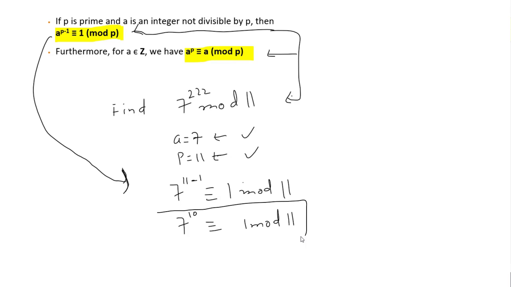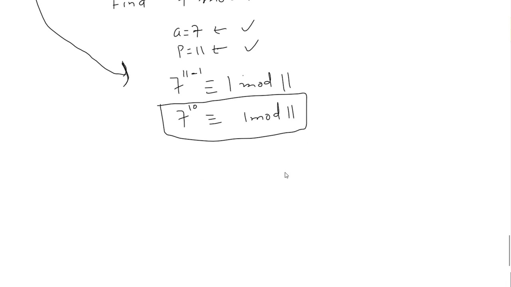So this is the information that we have so far. When it's congruent to 1 mod 11, then if we have 7 raised to the power 10 and then raise it to the power k, it still holds true.